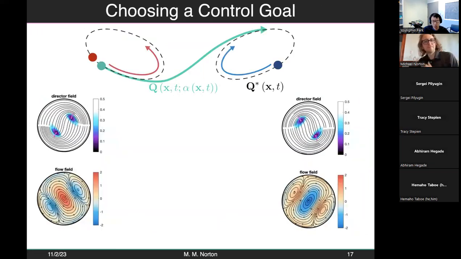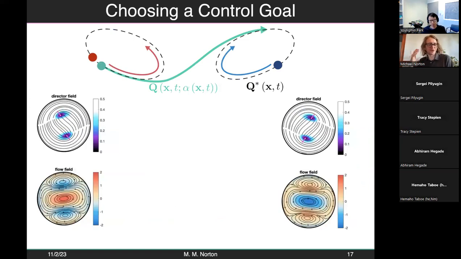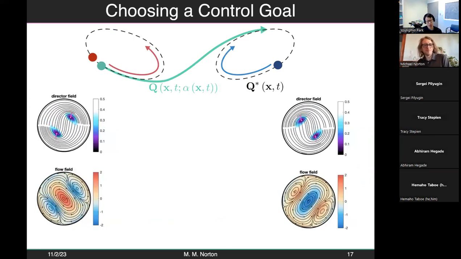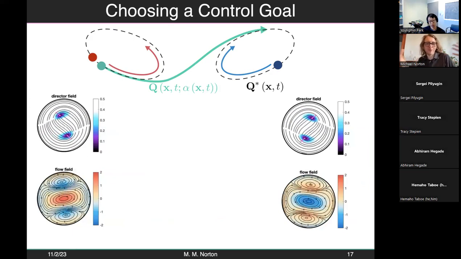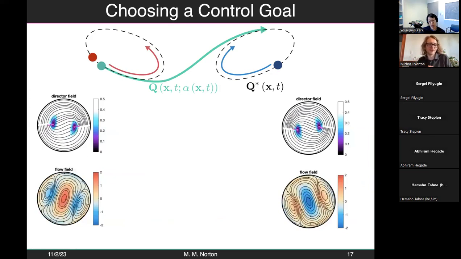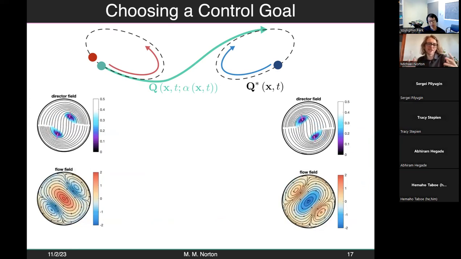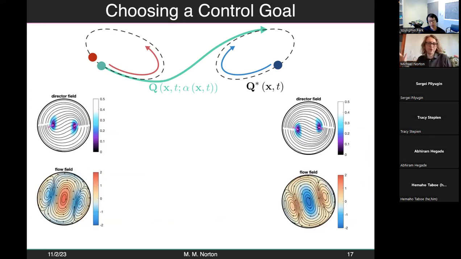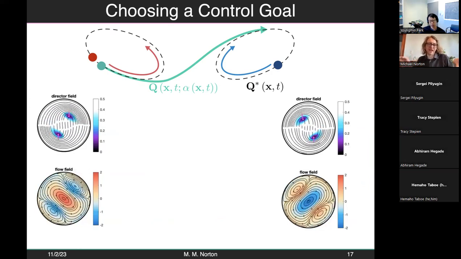And so, back to our idea about doing control, rather than choosing arbitrary control goals, I wanted, as a first pass, to get a sense of the system by working with the native attractors that it had.